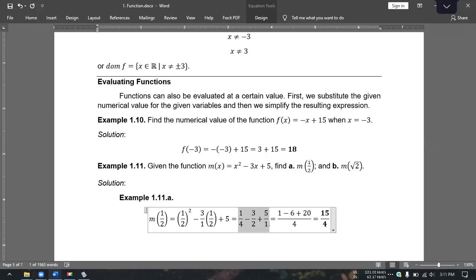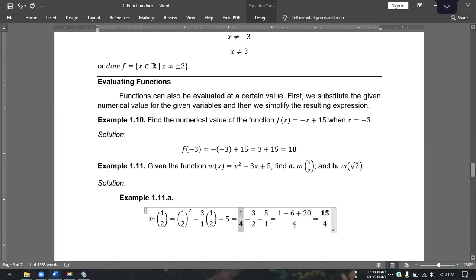In our case, our LCD is 4. Now, to determine the numerator, yung mga ilalagay natin dun sa operations natin, makukuha natin to with the use of our LCD: LCD divided by each of the denominators multiplied by their numerator. So, unahin natin yung first term.